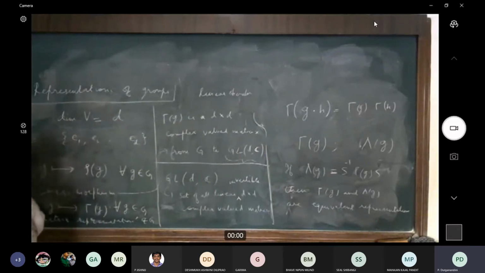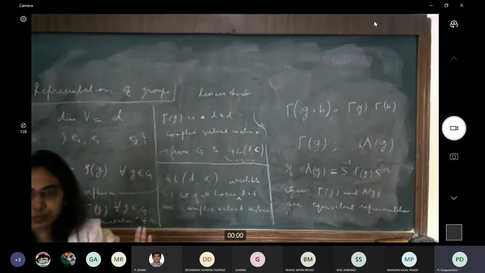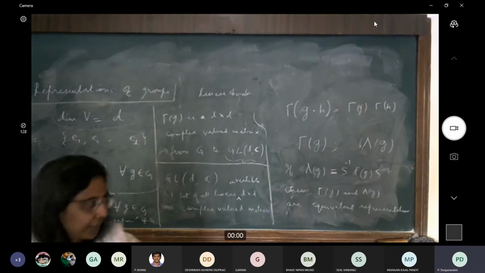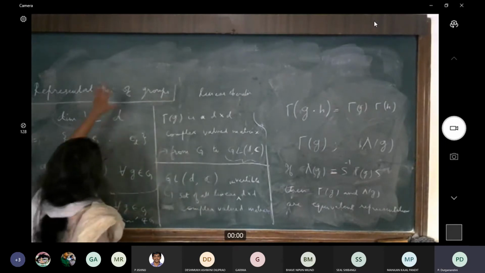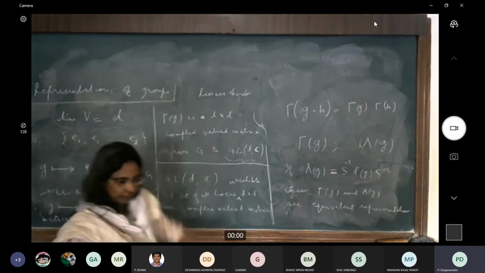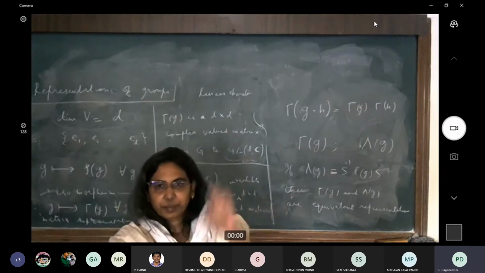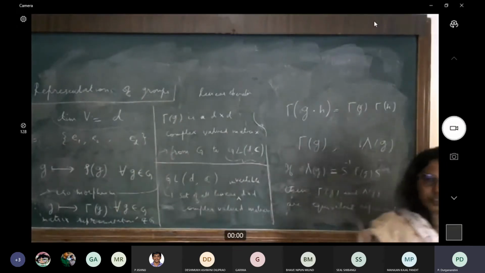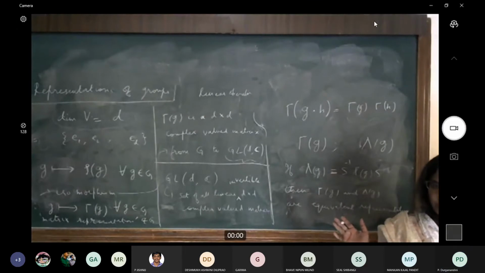Mathematically, what you study is what all the possible inequivalent representations of your group are. And when I talk of all possible inequivalent representations, it doesn't necessarily mean that you are sticking to one particular vector space with only the dimension D. I can get representations in vector spaces with different dimensions.